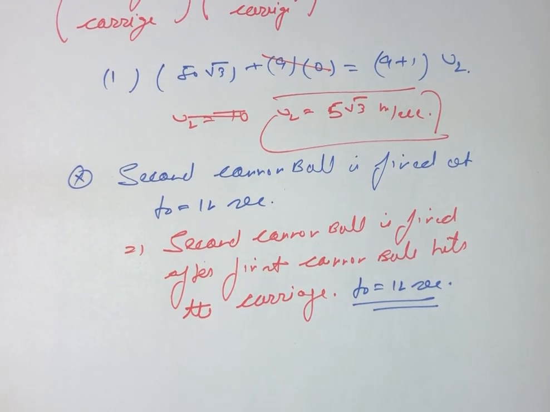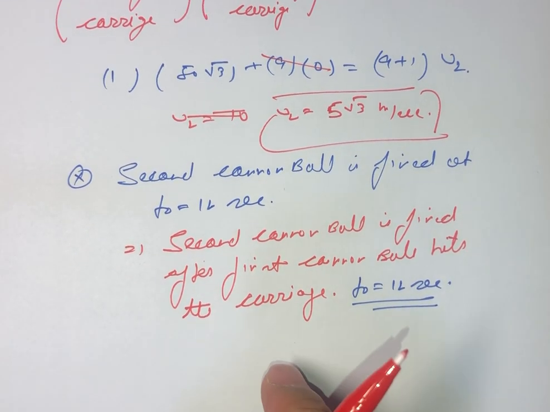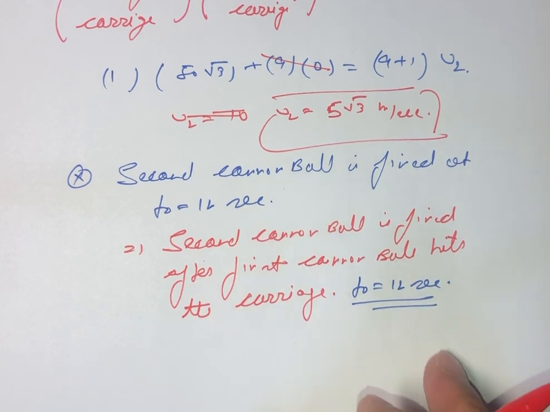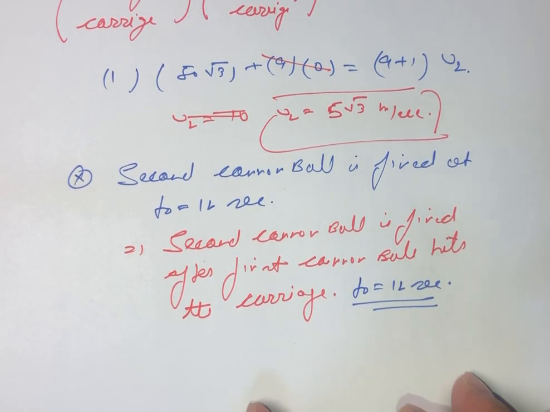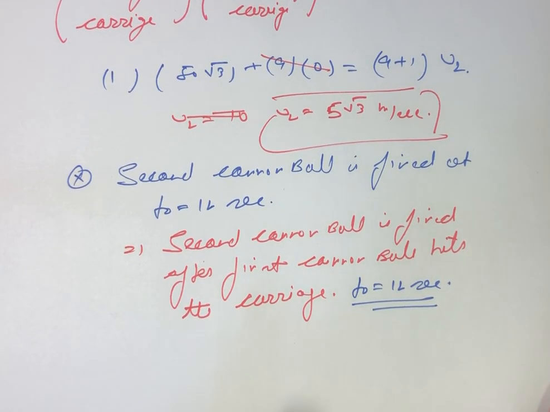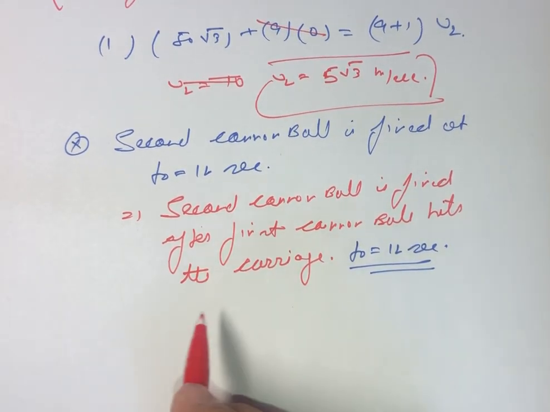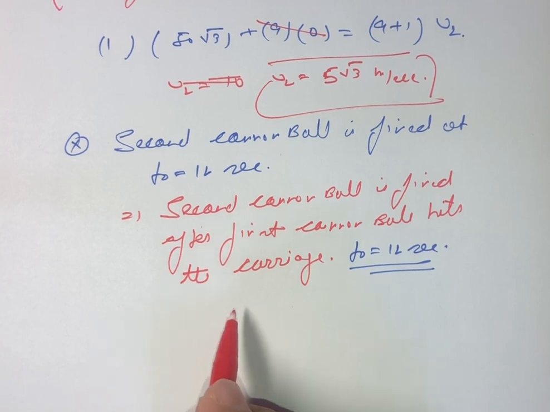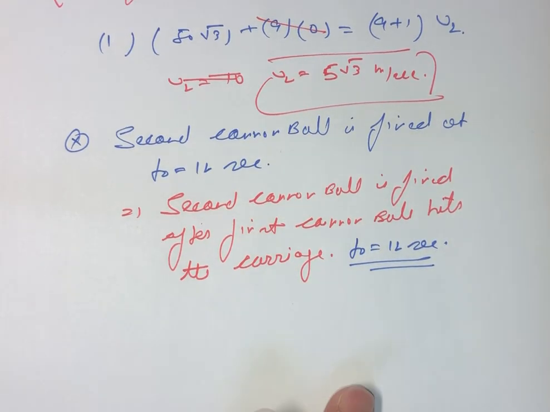And the time taken by the second cannonball to reach the carriage will also be 12 seconds. So we can find out the distance moved by the carriage as well as cannonball during these 12 seconds.